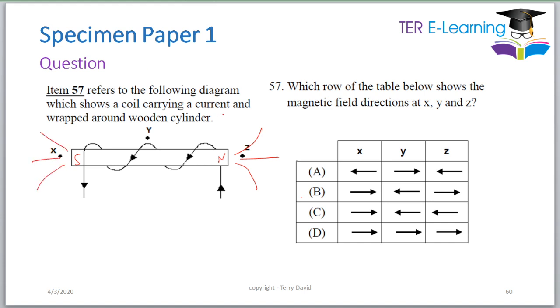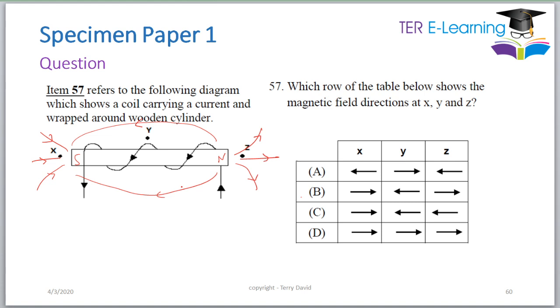Now if it's a north pole here, it means that the field is going to do this. This is how the direction is going to look, right? And also you're going to have a field around here, and how that field is going to go, it's going to go like this.